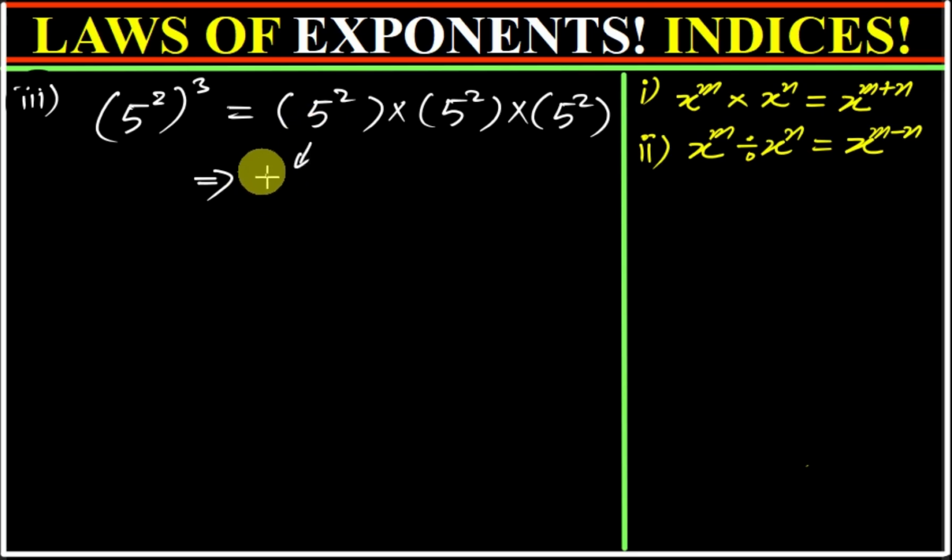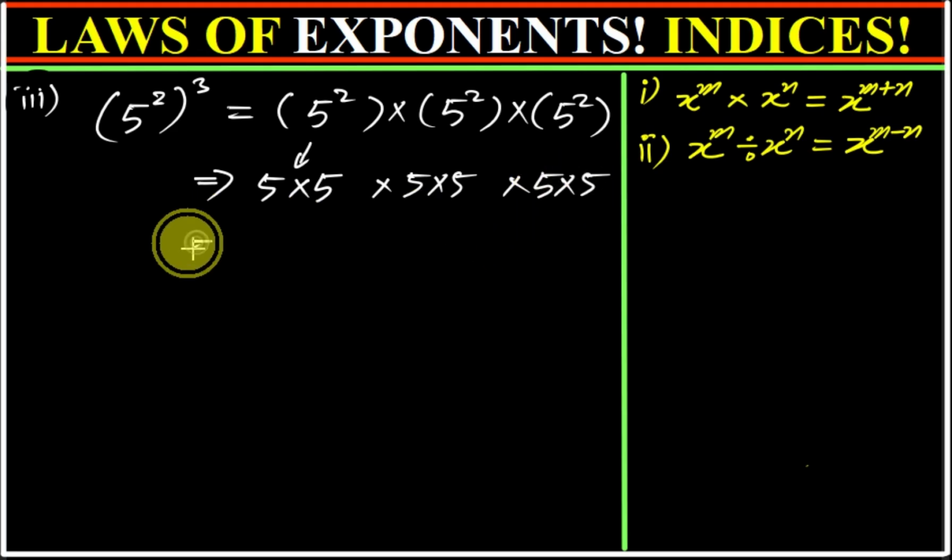So this becomes 5 times 5 in the first bracket, into the second bracket, again 5 multiplied 2 times, then the third bracket, again 5 multiplied 2 times. Now how many times is this 5 repeatedly multiplied? 1, 2, 3, 4, 5, 6. So it is 5 raised to the power 6.